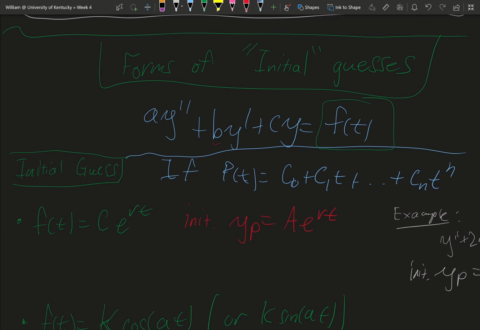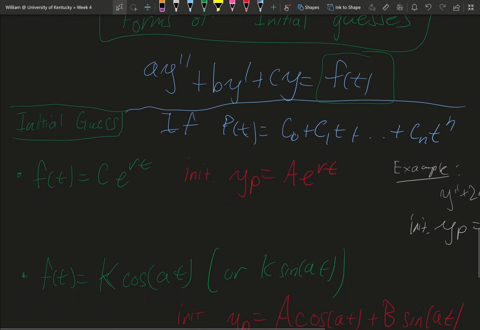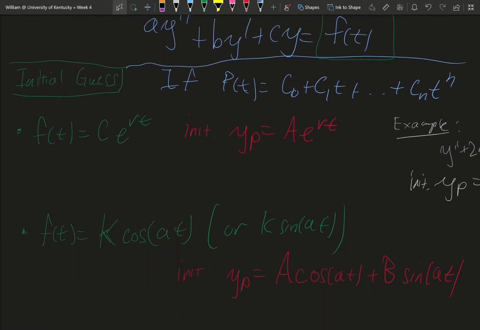If the b coefficient is 0, it turns out if you plug in, because the second derivative of cosine is again just in terms of cosines, you can avoid the sine term. But in general, you're going to need both.